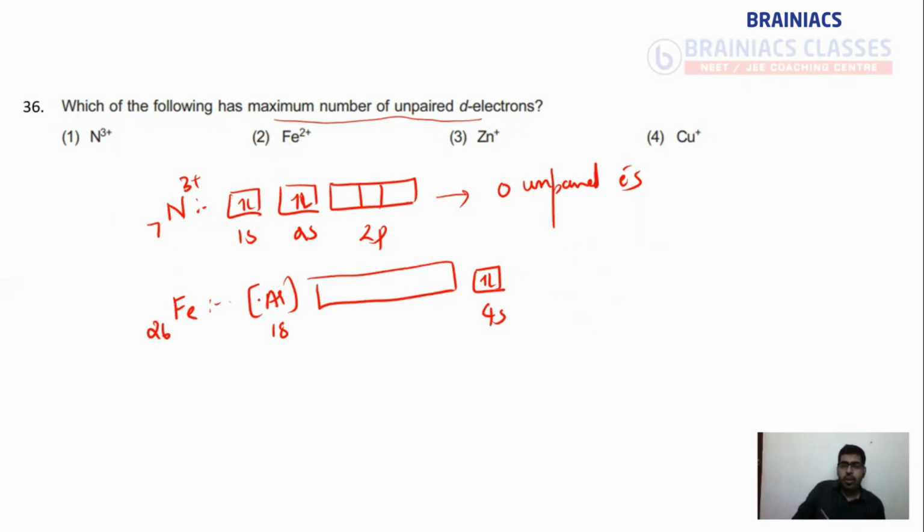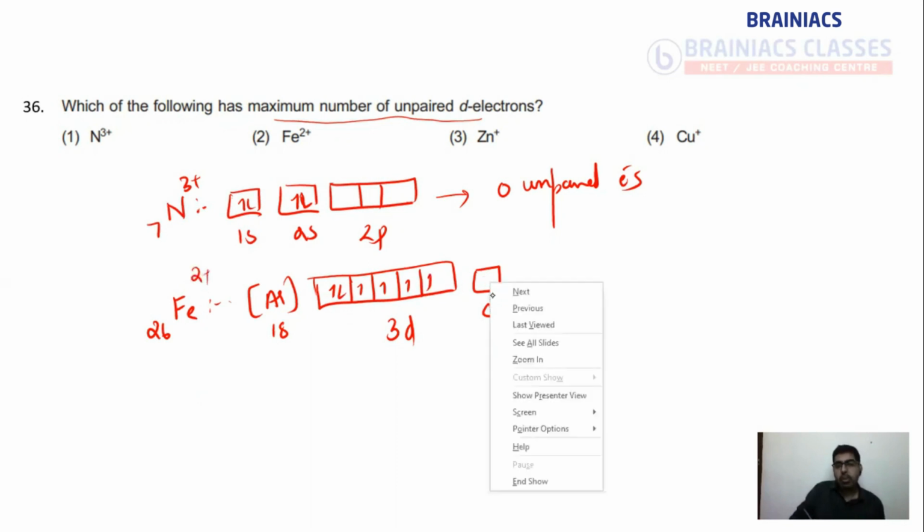So we can write argon 4s2, then 3d6. 18, 20, 26. Fe2+ means we have to remove 2 electrons. So 2 electrons are removed from 4s. Now how many unpaired electrons are there? 1, 2, 3, 4. 4 unpaired electrons.